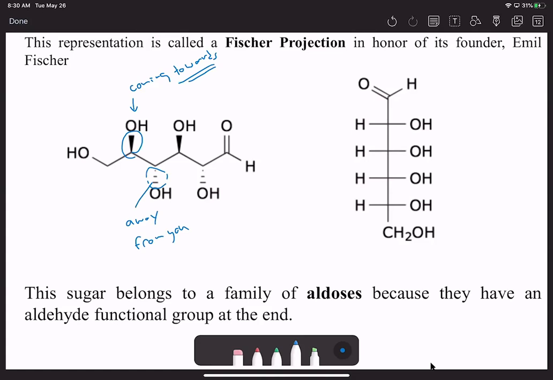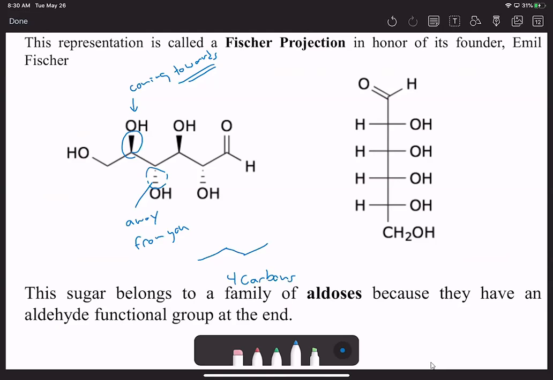And just like we make some assumptions that if I draw this structure here, from organic chemistry, we assume a few things. I assume that this has 4 carbons, even though I don't see the letter C there.